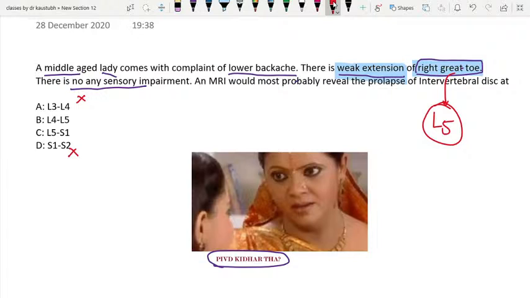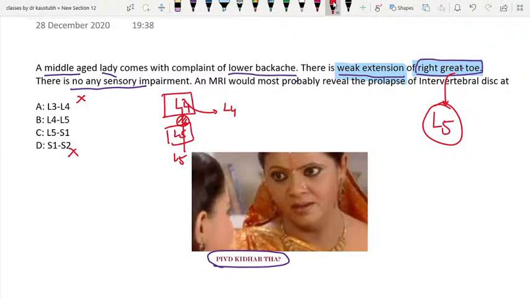Now remember the first basic concept I taught you about prolapsed intervertebral disc. If it is L5, which segment is involved, L4-L5 or L5-S1? In PIVD, at the L4-L5 level, L4 is exiting and L5 is traversing. The intervertebral disc will compress the traversing root.